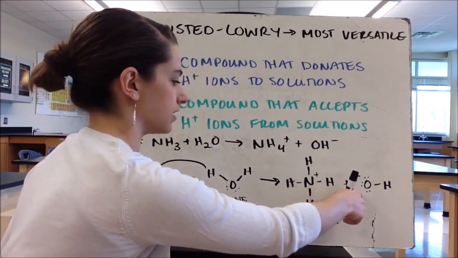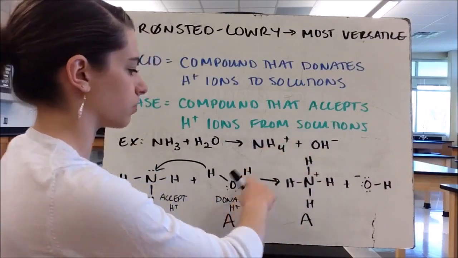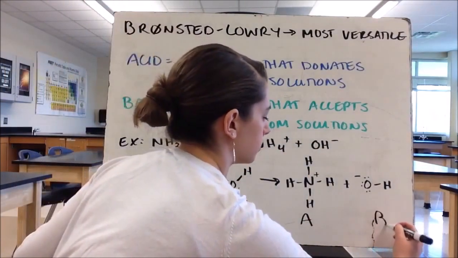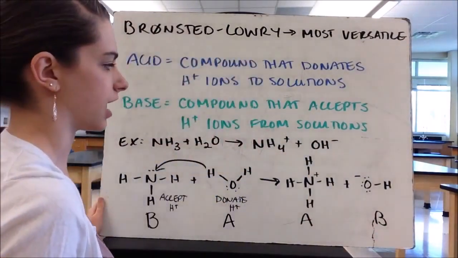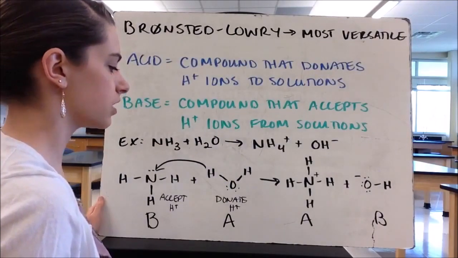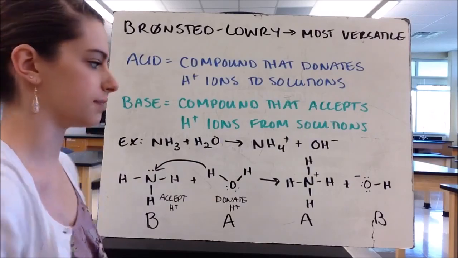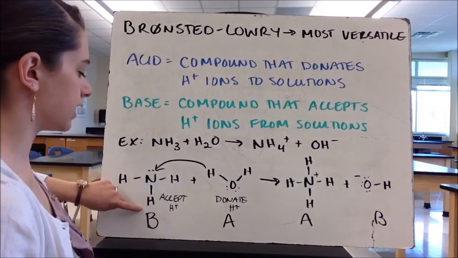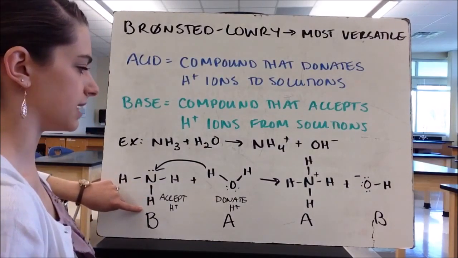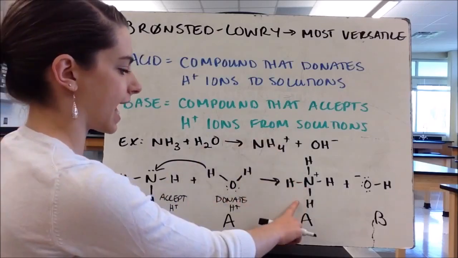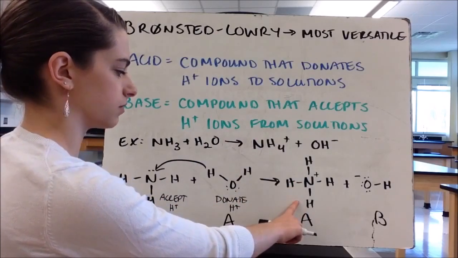And our OH- to get back to our water would have to accept a hydrogen ion, which makes it a base. You'll see these frequently called conjugate acids and conjugate bases. If our NH3 was our base at the beginning, that means at the end it's going to act like an acid.